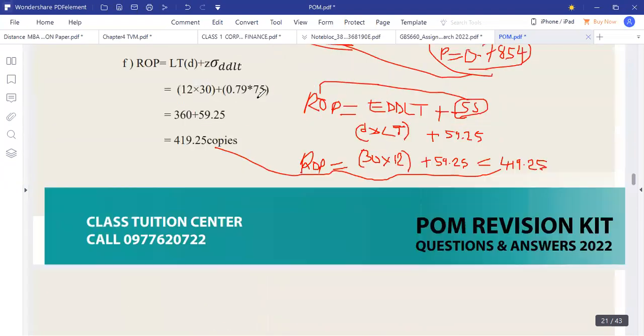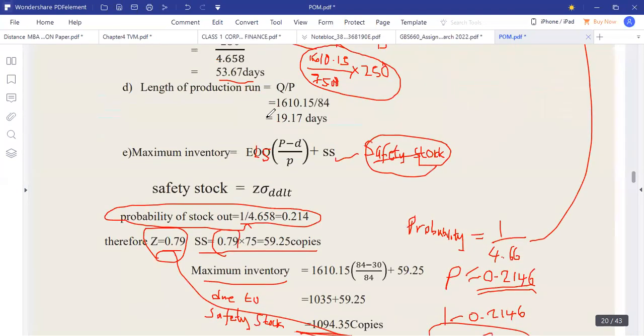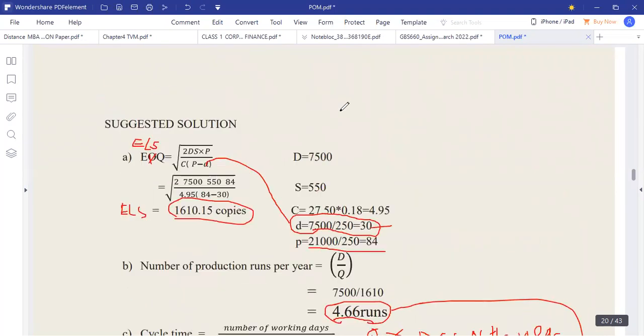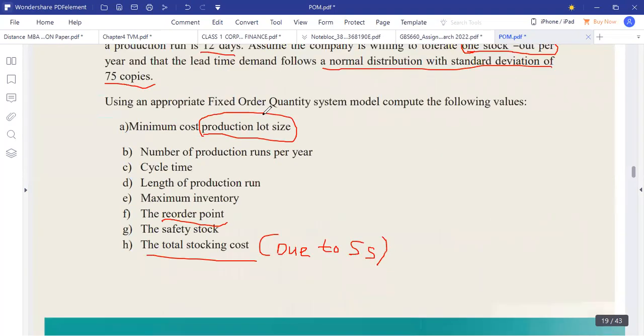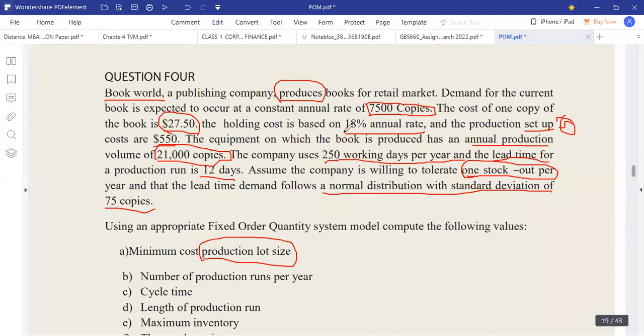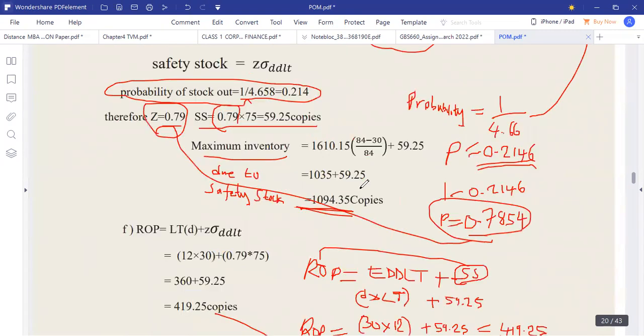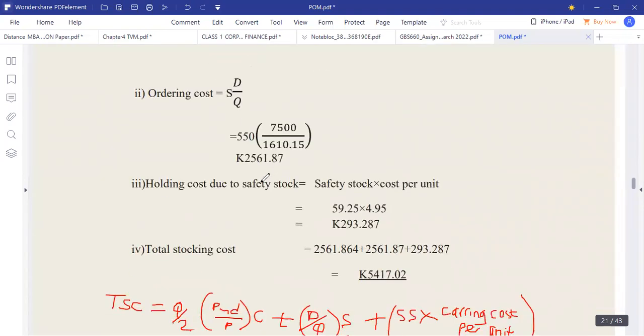We found it's a percentage of acquisition cost. So our carrying cost is 18% of the unit price, as indicated in the question. So 18% of acquisition cost per unit. That's why they found it 4.95. So you put the 4.95 here.